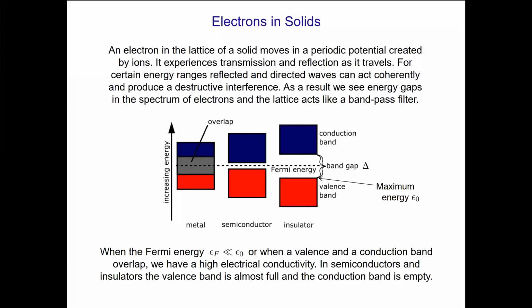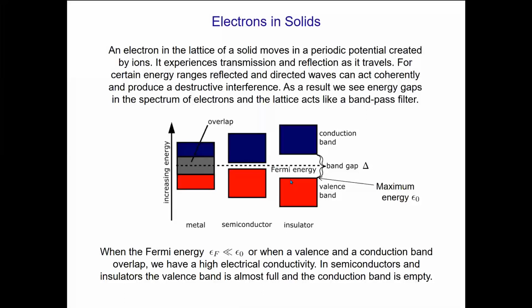But here we need to consider three different situations: metals, semiconductors, and insulators. Let me introduce some notation. Here are these three situations for fermions, and in the middle, by a dashed line, I showed the Fermi energy.